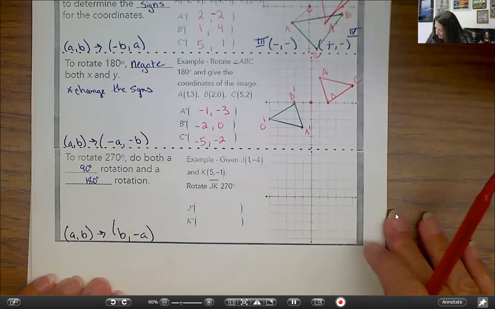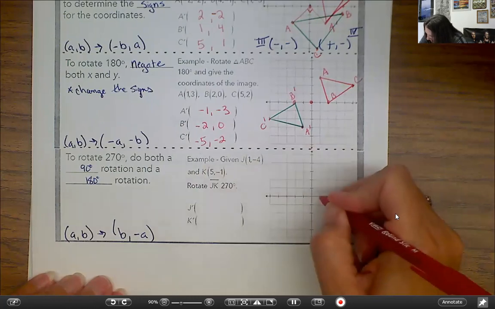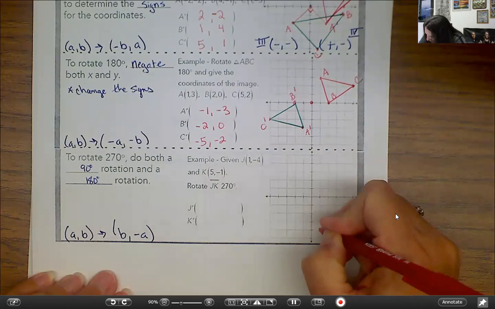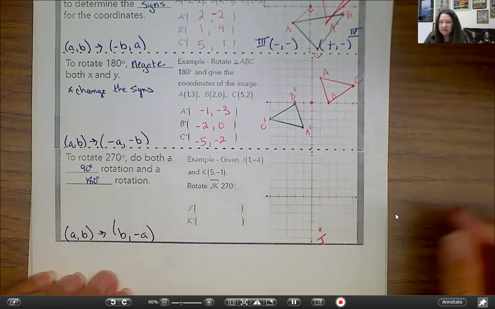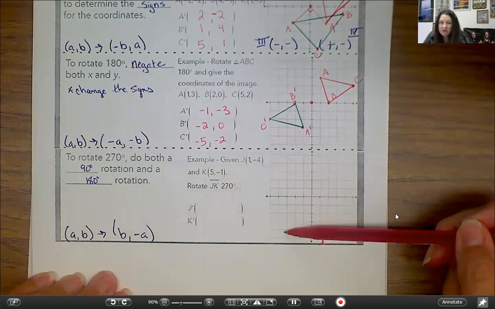For instance, if we were going to start with, let's say, J at 1, -4. Here's point J in the 4th quadrant. We move 270. We're going to move 1, 2, 3 quadrants.